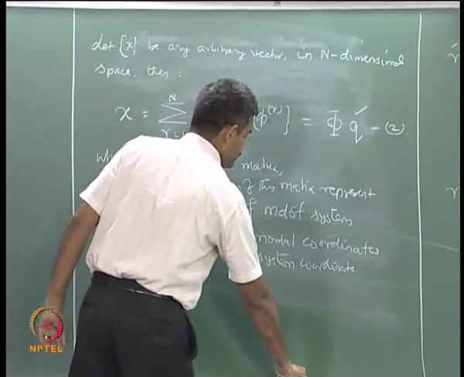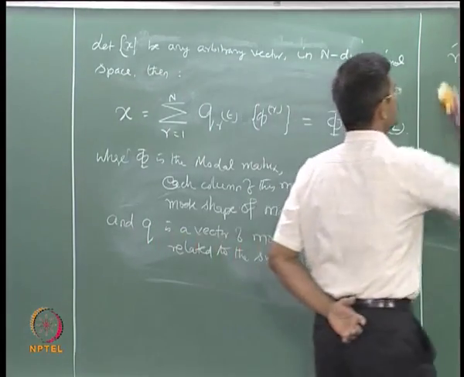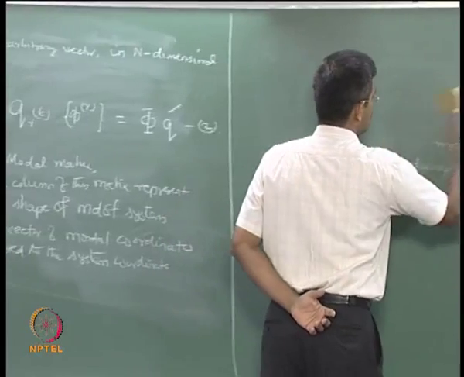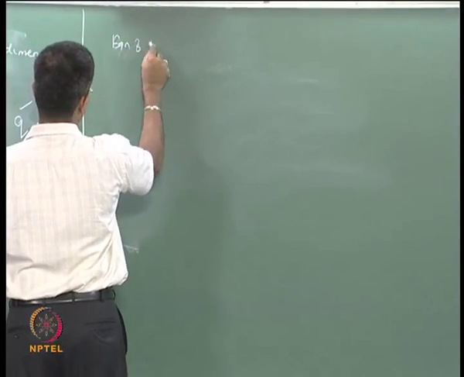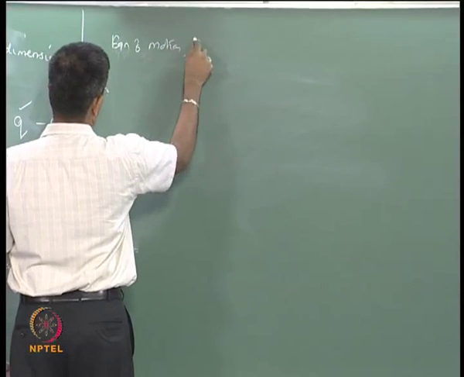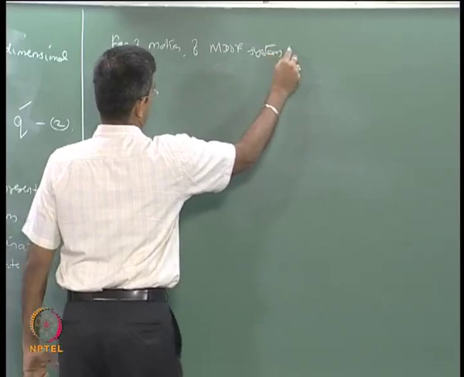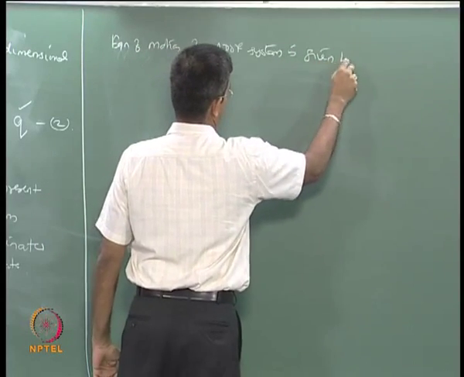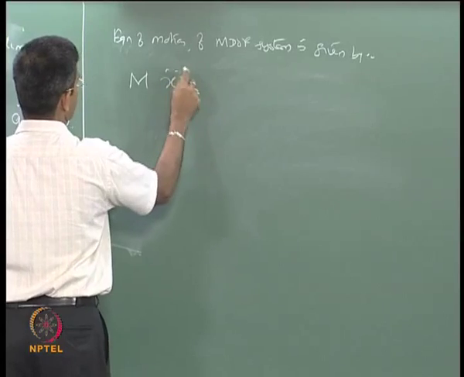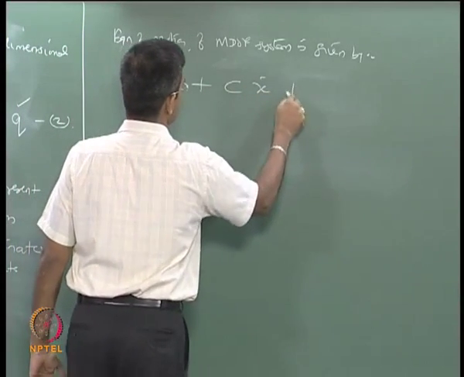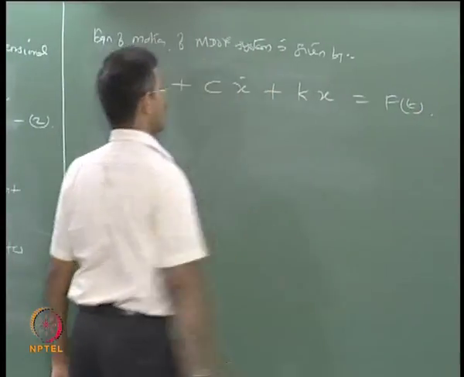Now, my equation of motion of the MDOF system is given by, let us say, m x double dot plus c x dot plus k x equals f of t.